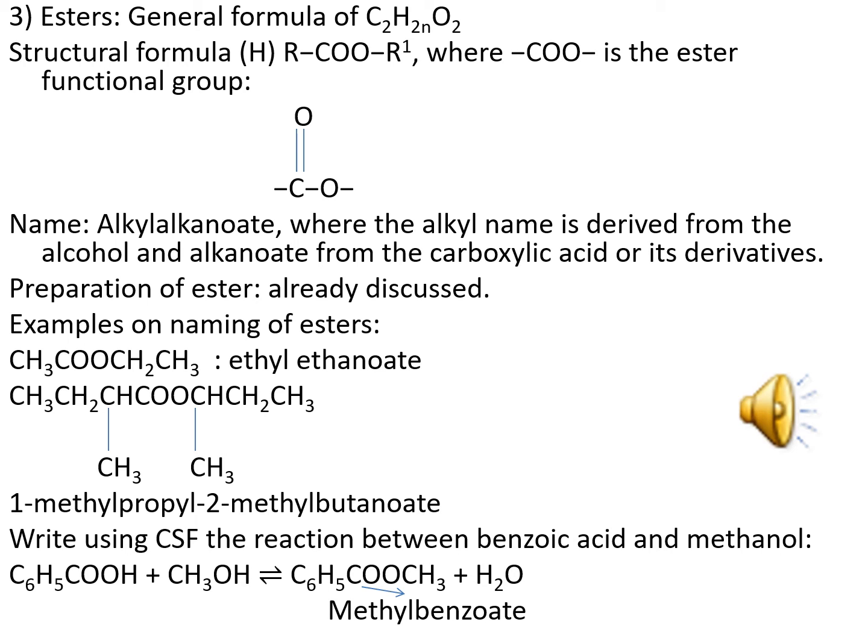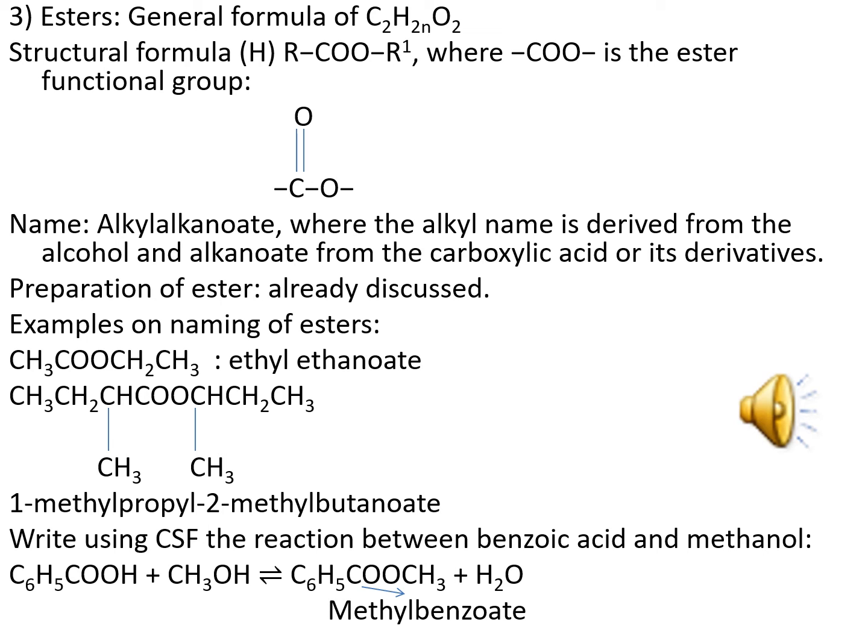Here's the explanation. Looking at the right side of the ester, we've got CH2CH3 bonded to this oxygen. This is the part that comes from the alcohol. Since it has 2 carbons in it, you start the name with ethyl. Then you move on to the next part of the name, which is the alkanoate, derived from the carboxylic acid or its derivatives.